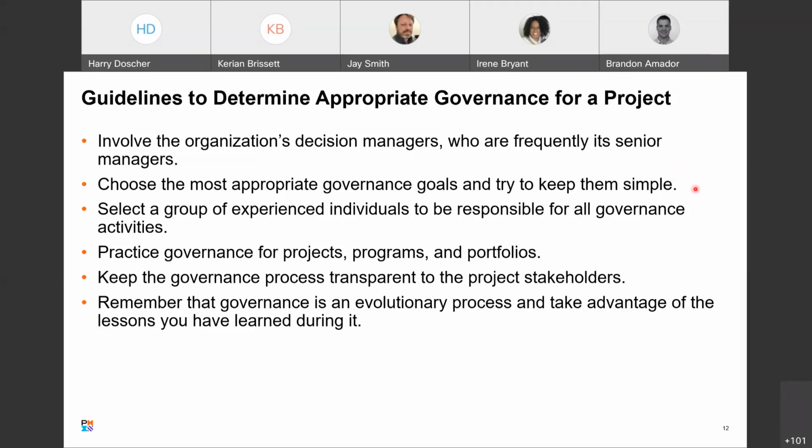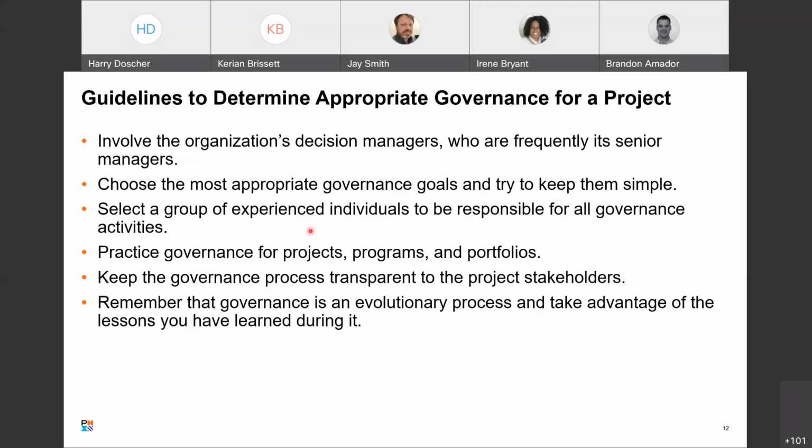What you want to do is establish some simple governance goals and make sure that they're appropriate to the project. You want to have something like achieve all of the exit criteria for a particular phase.